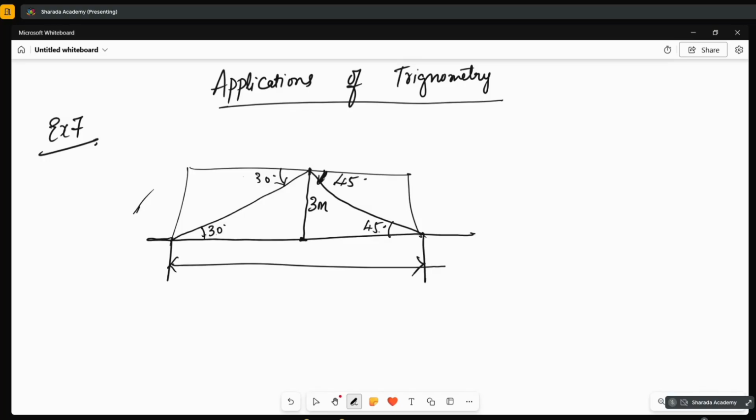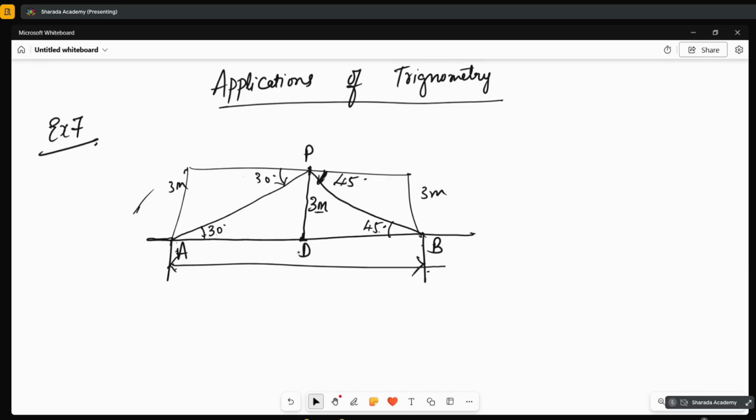From the same point, one side 30, one side 45. The height of the bridge is 3 meters. So this is also 3. Here also it will be the same thing, 3 meters. Now you have to find the width of the river. That means the whole width you have to find. So naming you can give here. This is A, B, P, and this is D.